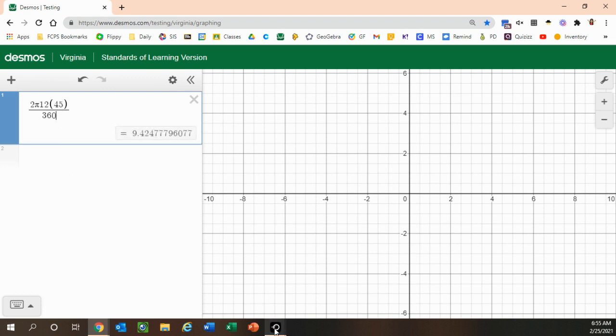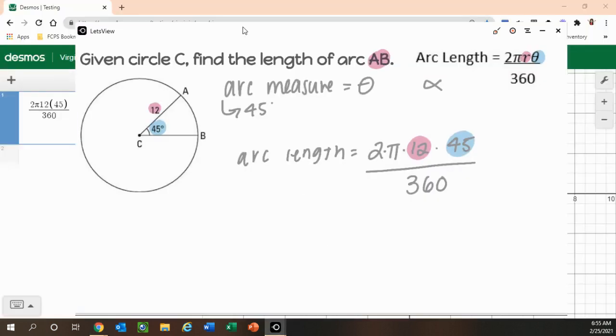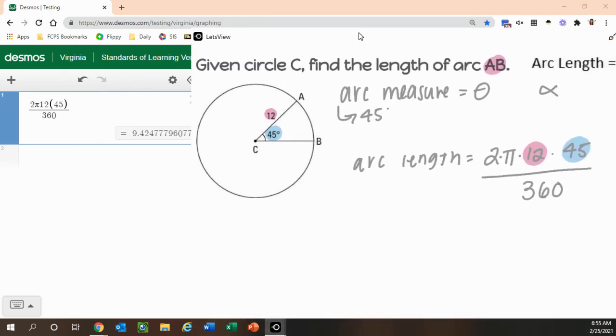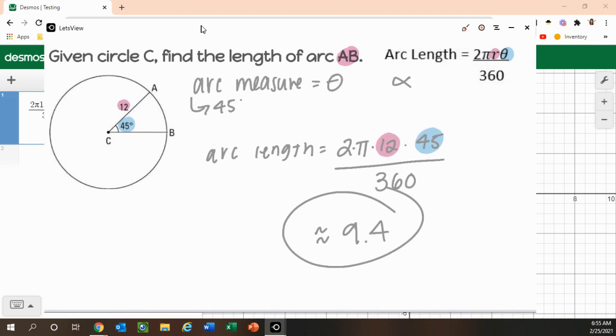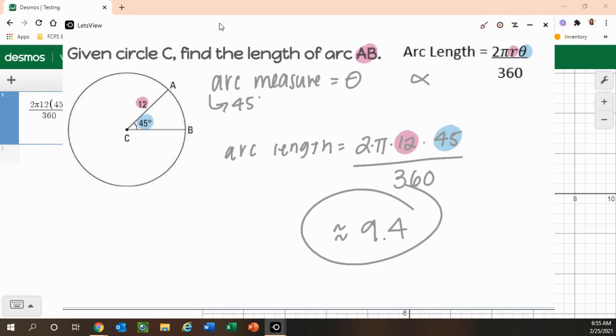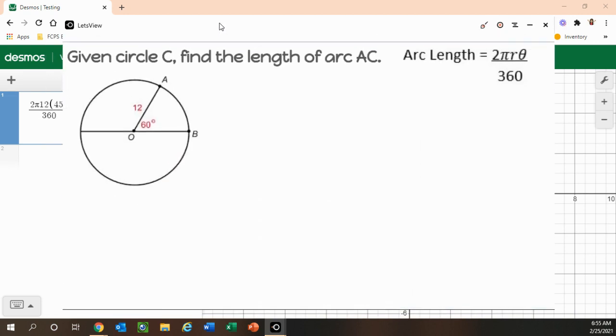That tells us that our arc length equals approximately, remember, because we have a decimal, we're rounding, approximately 9.4.